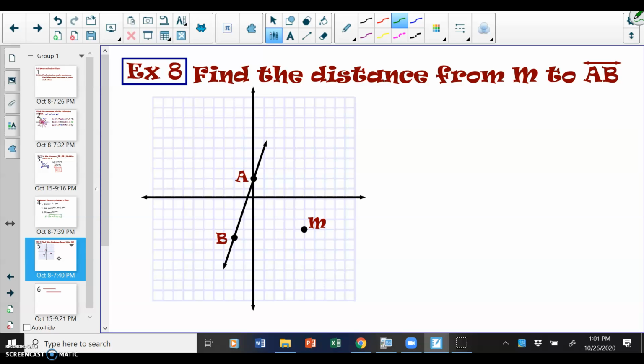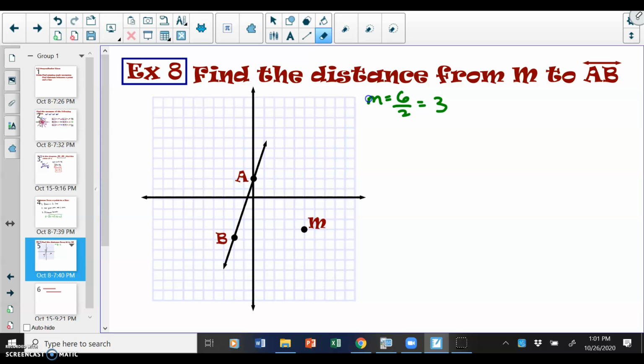First thing I want to do is I've got to make a perpendicular line, which means I'm going to have to find a perpendicular slope. So the slope of the line we're given is up 1, 2, 3, 4, 5, 6 over 1, 2. 6 over 2, that's 3.